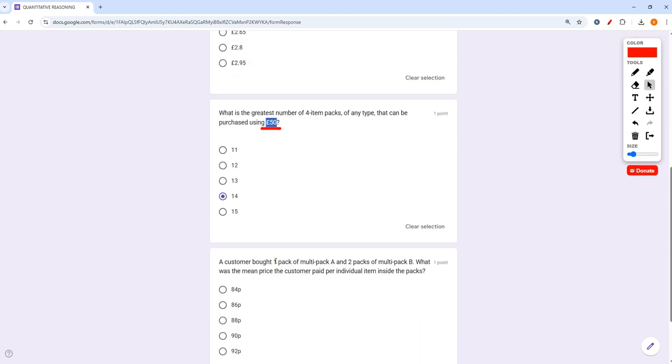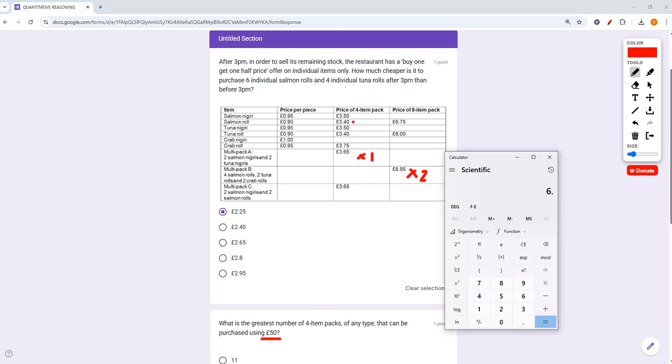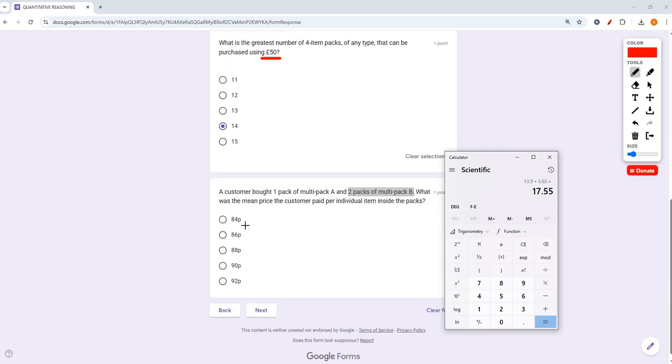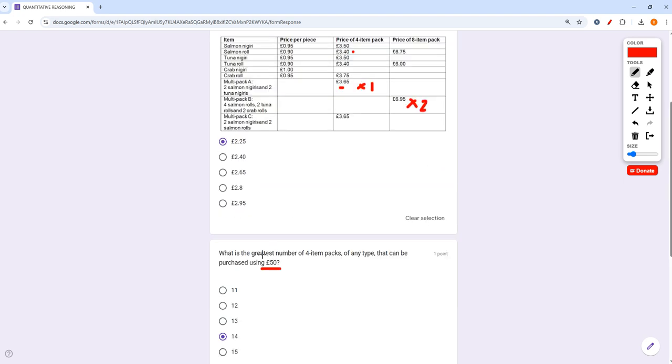A customer bought one pack of multi-pack A and 2 multi-pack Bs. Multi-pack B is 6.95, and there are 2 of these, so 6.95 times 2 is 13.9. Plus 1 of 3.65, which gives 17.55. Now he's asking what is the mean price per individual item.